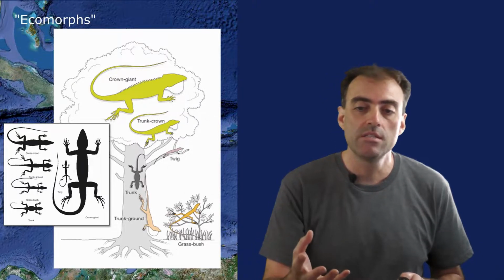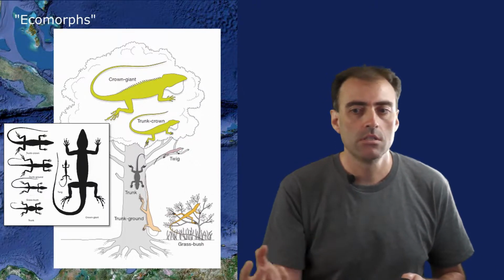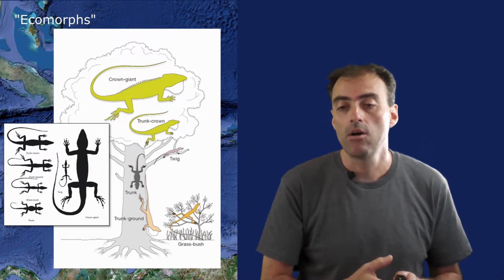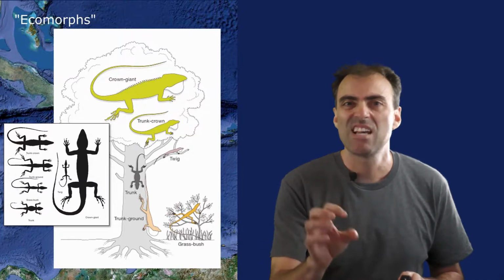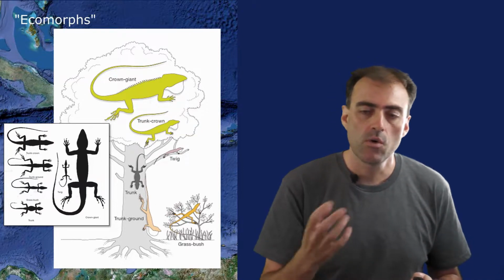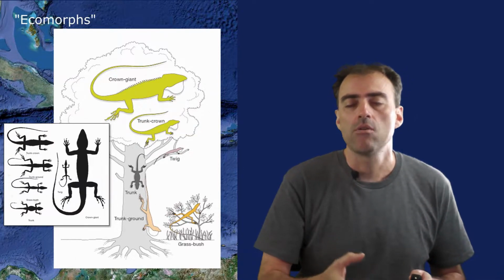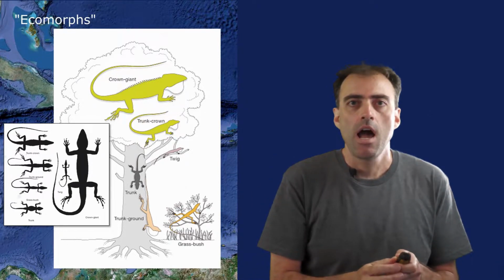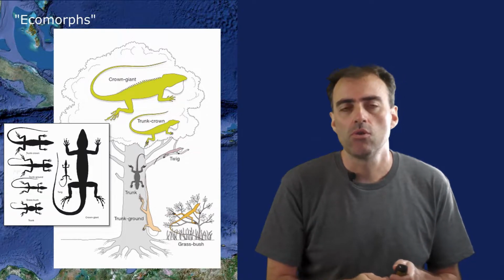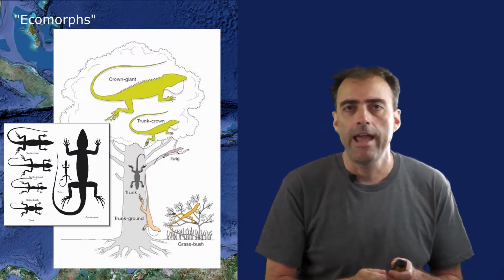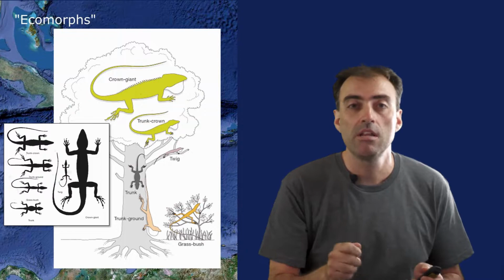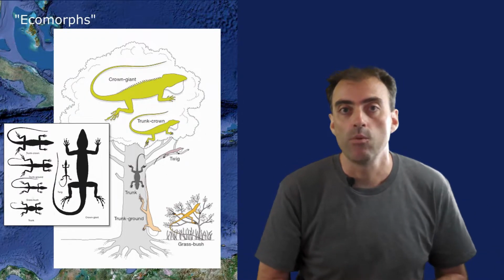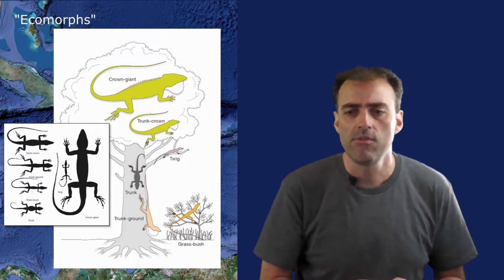Now the question is that each of these islands has the same set of 4 to 5 of these different species, but same ecomorphs. So the question is how did they originate on all these different islands? Now you could say that perhaps an ancestor of the crown giant independently invaded each of these 4 islands, and subsequently that's why we've got crown giants on each of the 4.